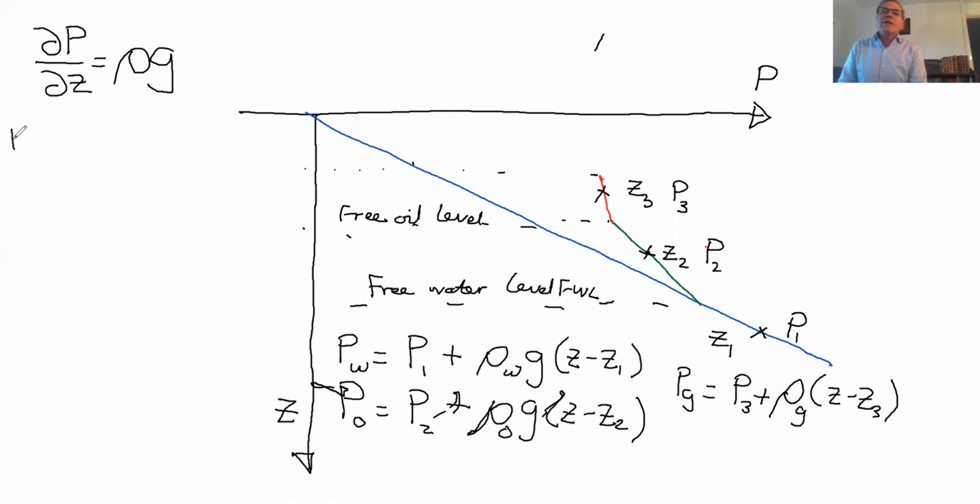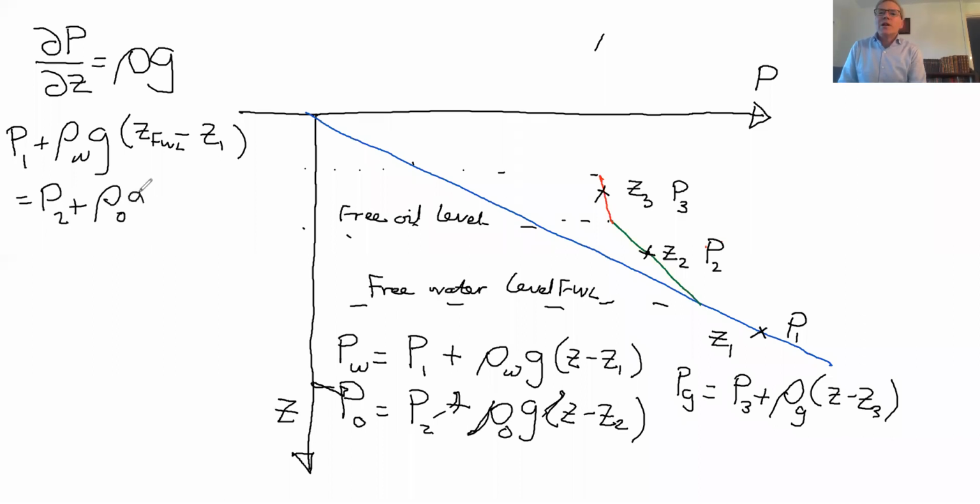So I can write for the free water level P1 plus rho W G, and then I've got Z of the free water level minus Z1, is equal to P2 plus rho oil G, Z of the free water level minus Z2. So I've just basically set these two equations to be the same.